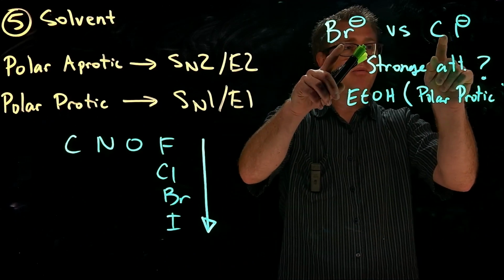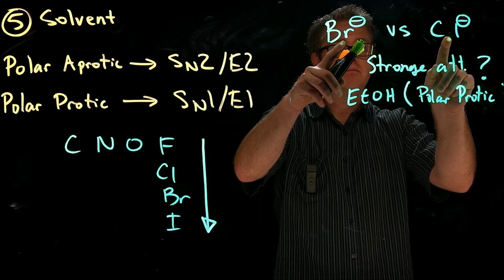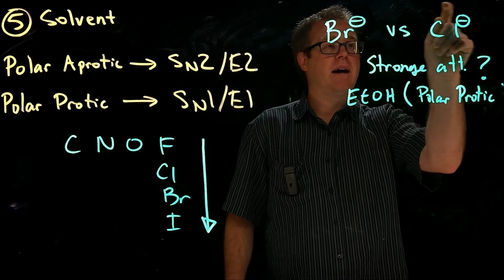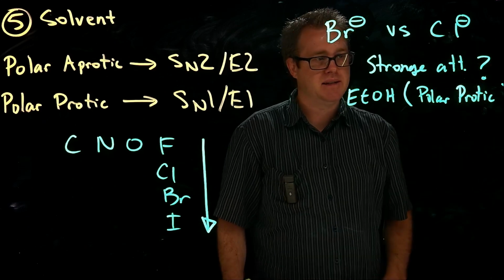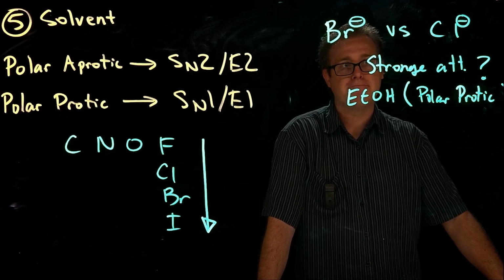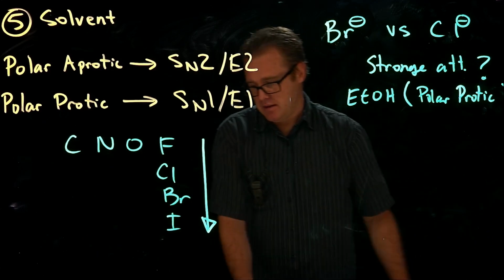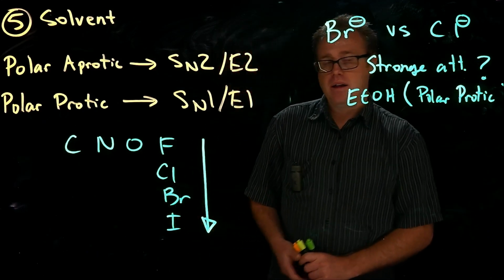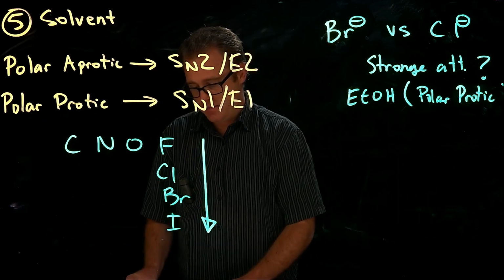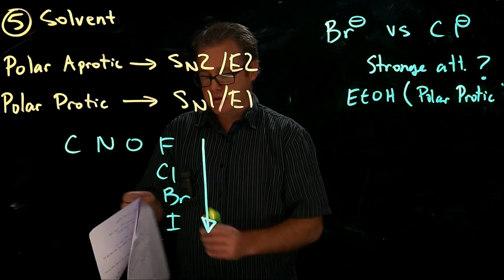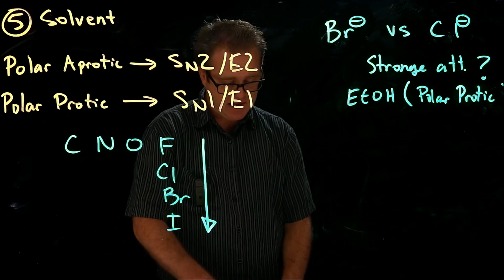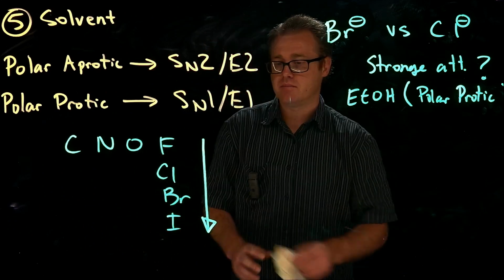And so when you compare the stability of these two, that one's going to be more stable because of its size. So that would make that guy the stronger attacking species in a polar aprotic solvent. It all has to do with how the solvent interacts with the anion. So let's draw some tables and some charts and summarize all of this.